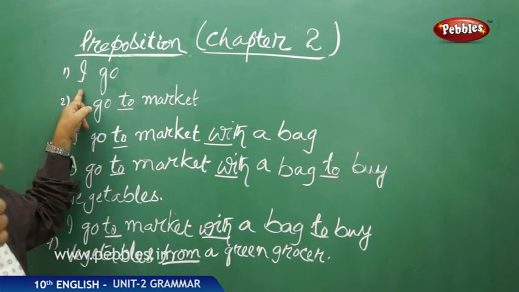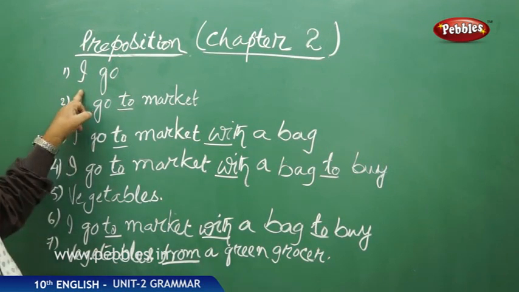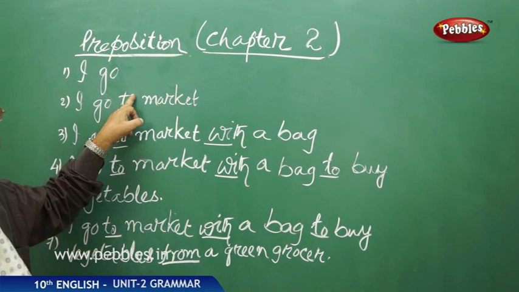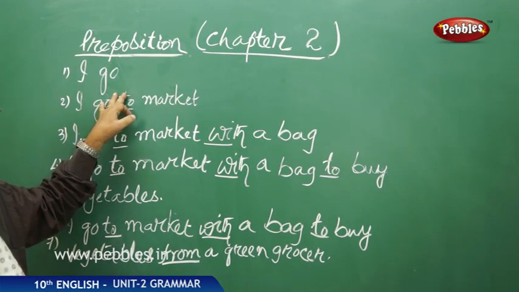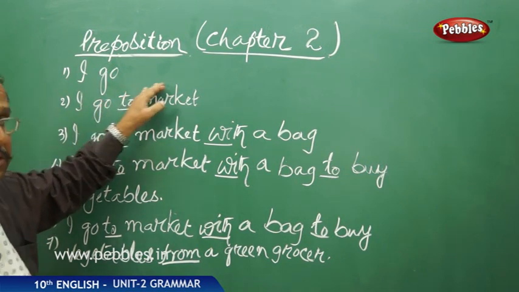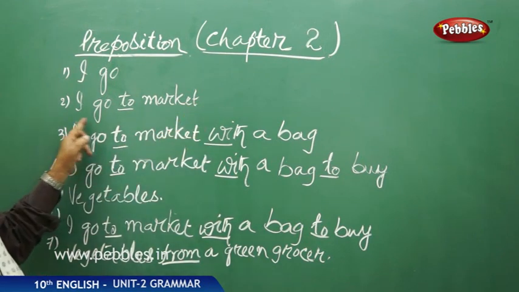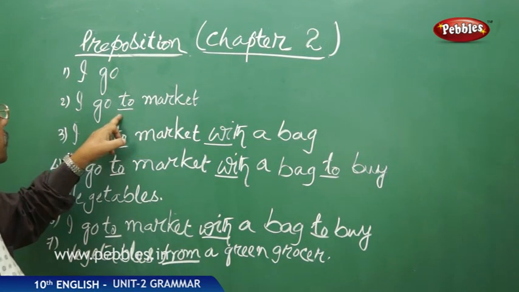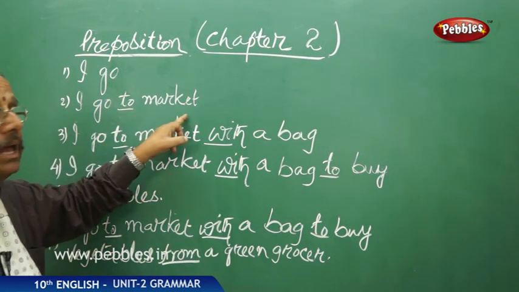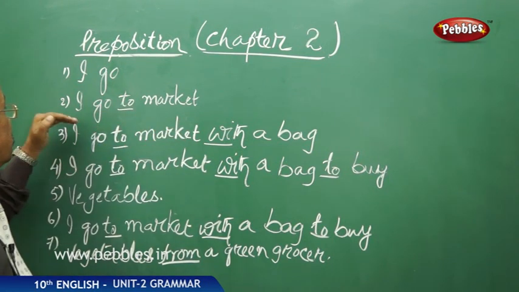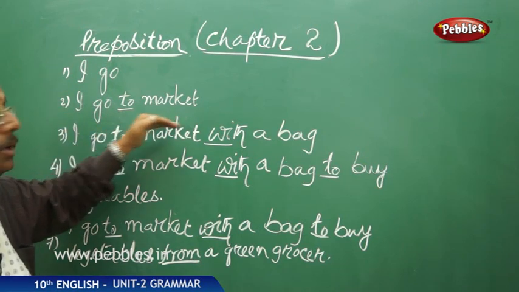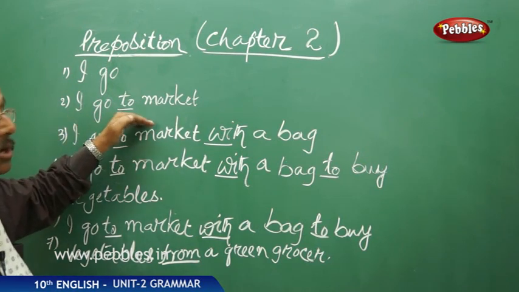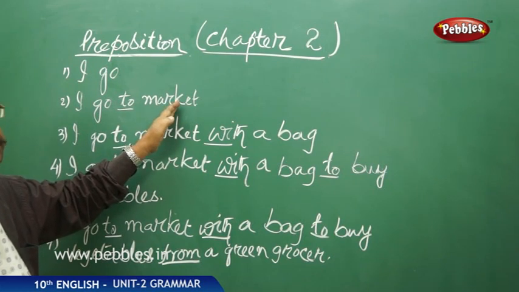Sentence: I go. There is a sentence. Now we got the meaning of it. Now I am just extending this sentence. I go to market. We have used a word to, and with one more word, the sentence has extended its length with two more words.